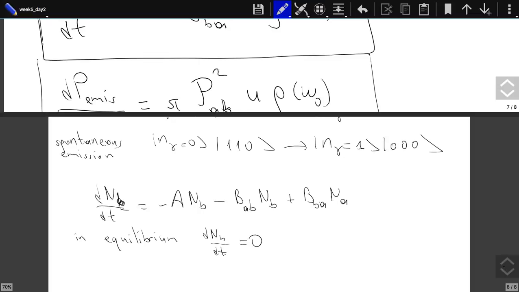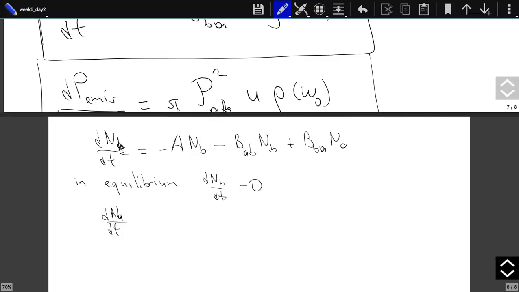Now let's look at the rate of change of the A atoms, the atoms in the ground state. So what do you think?